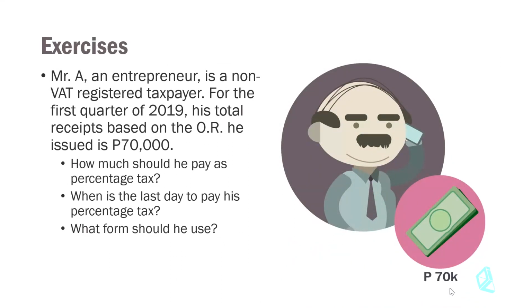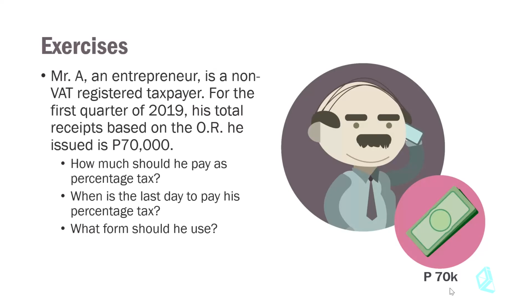So let's look at an exercise. So let's make use of our computing capabilities. So the first exercise, let's go over this exercise. Mr. A, an entrepreneur, is a non-VAT registered taxpayer. So he needs to pay percentage taxes. For the first quarter of 2019, his total receipts based on the official receipts or the OR he issued is 70,000 pesos.